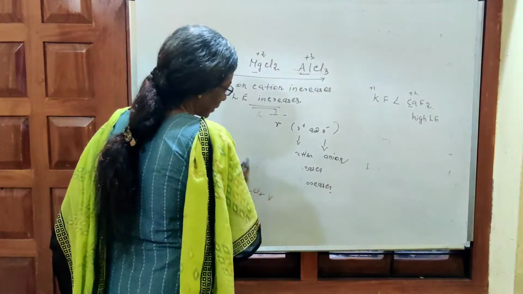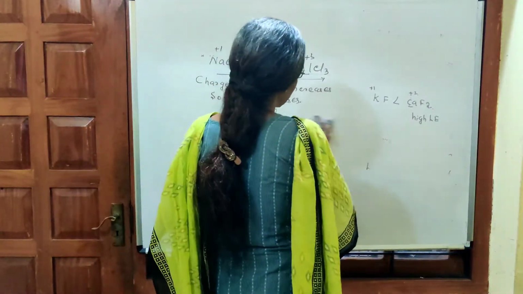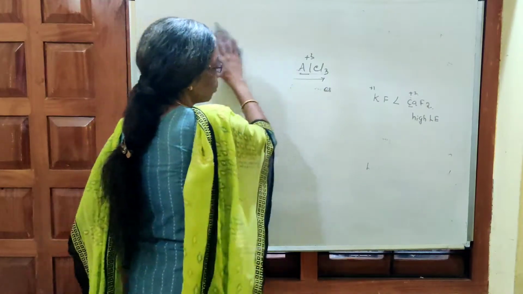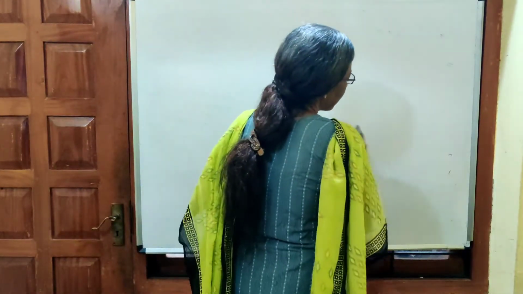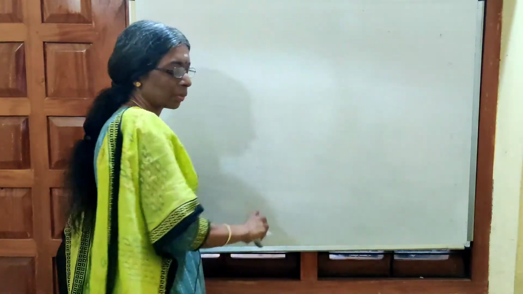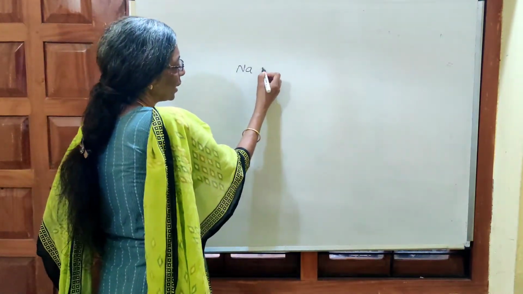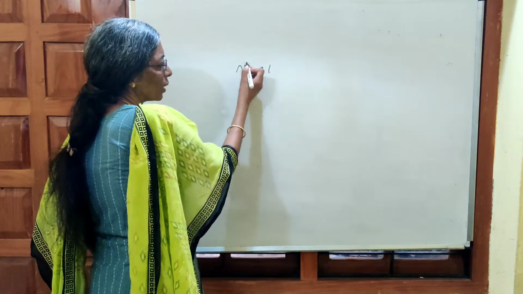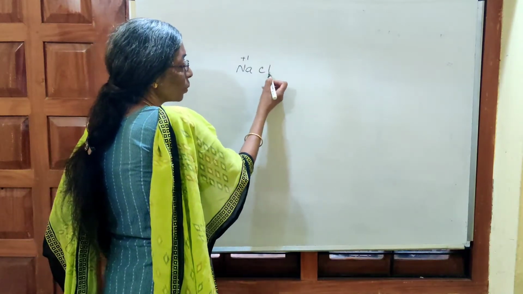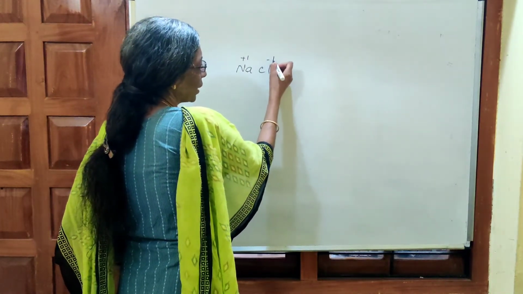What is electrovalency? Electrovalency is, when an ionic compound is formed, the charge it loses or gains. For example, NaCl. Sodium loses 1 charge, so plus 1. Chlorine gains 1 charge, so minus 1.